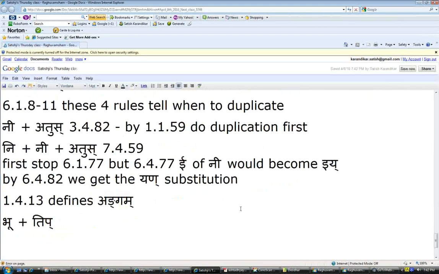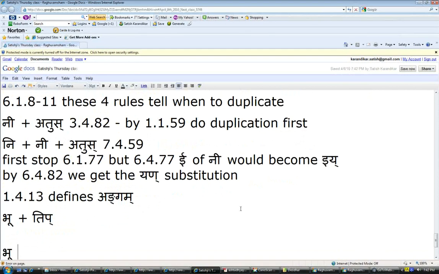And this is where we can illustrate the point. When we have bhu plus shap plus tip, the angam for the shap is only bhu, but the angam for the tip is bhu plus shap. So the tip was prescribed for the bhu. So you start from bhu and go up to the pratyaya. So the angam for tip is bhu plus shap, and the angam for shap is only bhu.